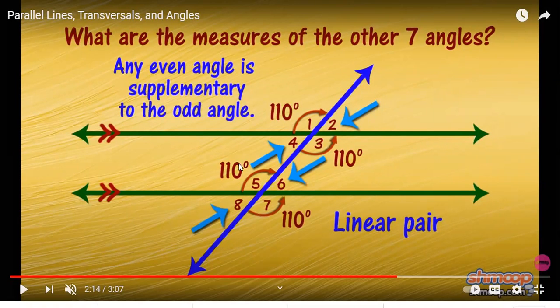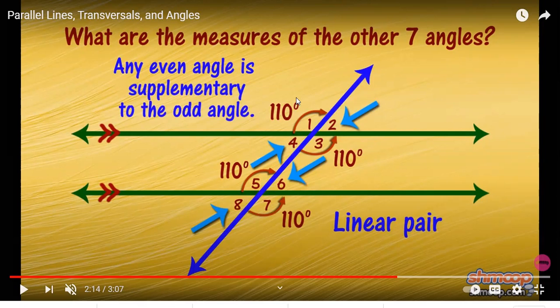Now if you write the numbers on the angles, 1, 2, 3, 4, 5, 6, 7, 8, we can note that any even angle is supplementary to an odd angle, like 2 and 1, they will be supplementary, their sum equals 180. 3 and 6 together, those two angles equal 180. 4 and 5 equal 180. 7 and 8 equal 180.